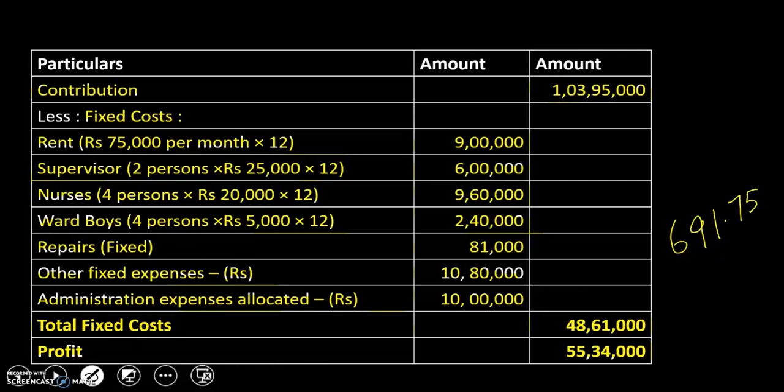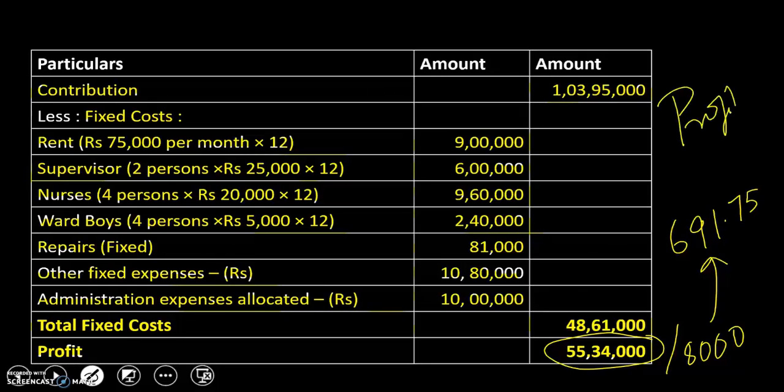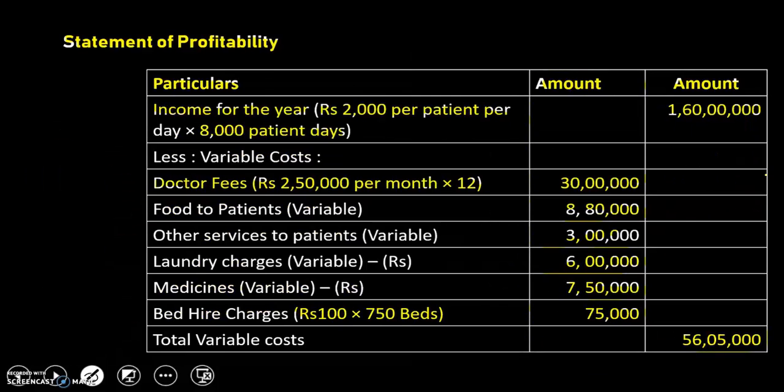And what is this? How I derived this? This figure divided by 8,000 patient days gave this 691.75. And what is this? This is profit per patient day.